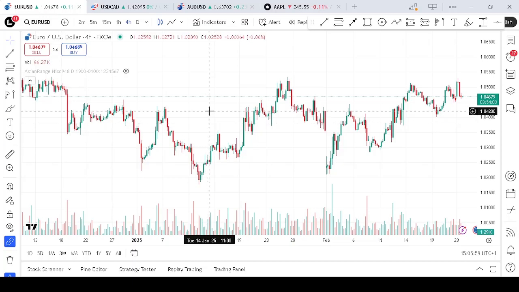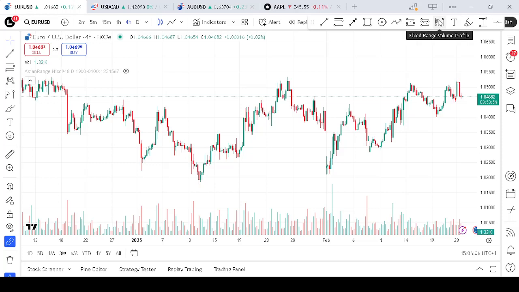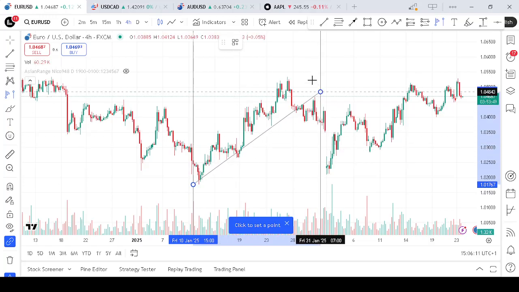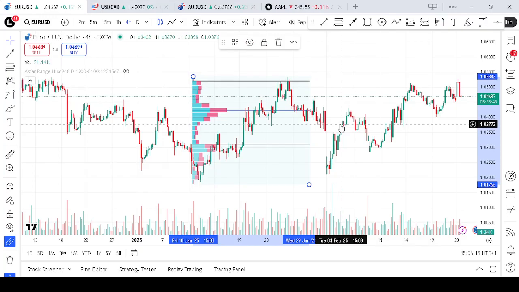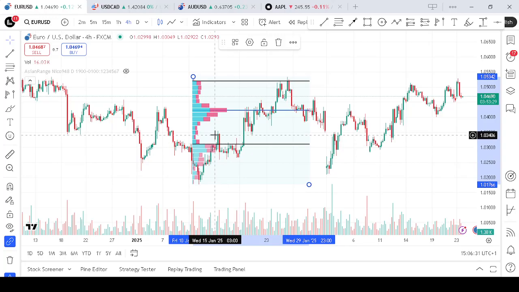Now, what is this indicator? This indicator is called the FRVP, also known as the fixed range volume profile. The best volume indicator for swing trading is called the fixed range volume profile. This tool provides a detailed view of where significant trading activities occur within a specific price range, offering insights that can be crucial for swing traders.